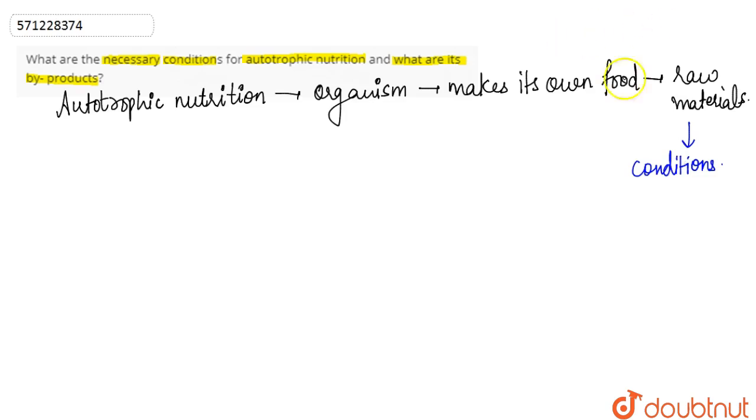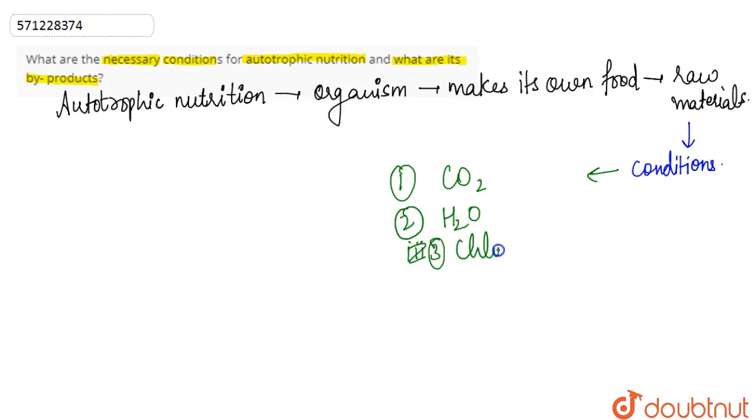The conditions are, number one, carbon dioxide, number two, water, number three, chlorophyll, and number four, sunlight.